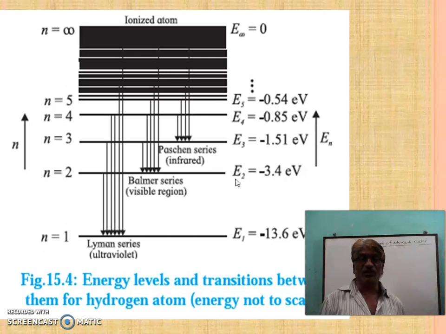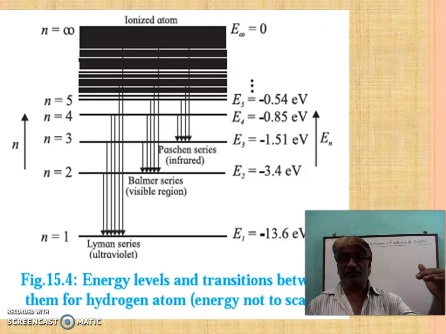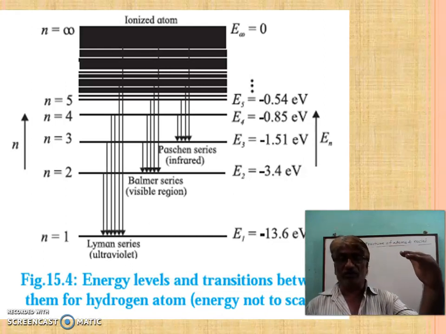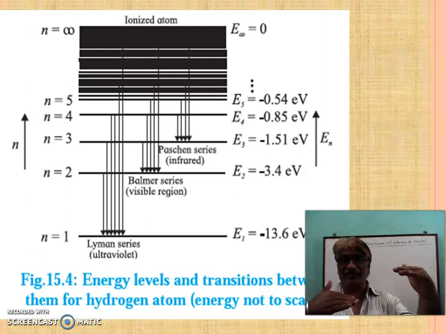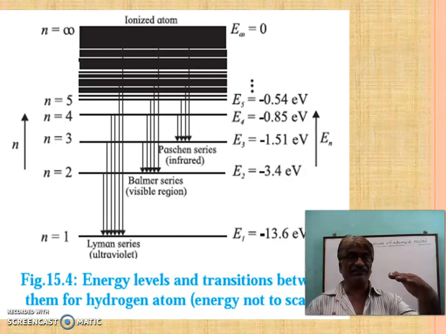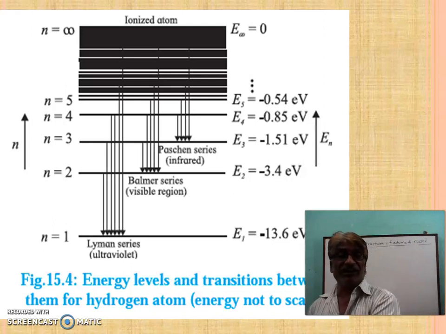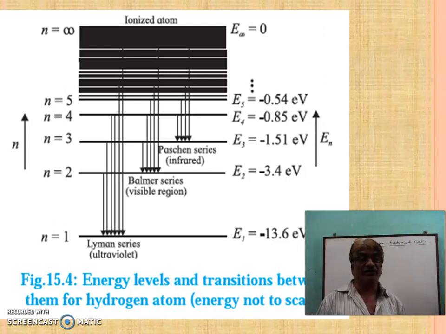The energy for the second orbit will be minus 3.4 electron volt. Similarly, measure 4 or 5 lines, and draw a horizontal line, so you get the third orbit, that is E3 equal to minus 1.51 electron volt.